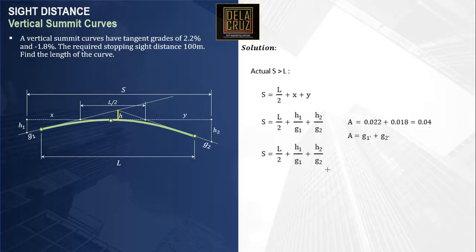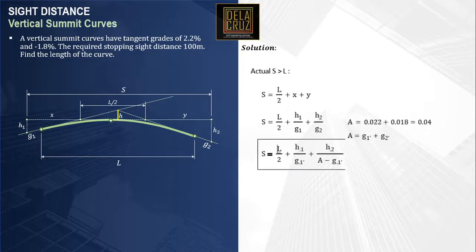So that would be G2 equals A minus G1. Transpose G1 there. Let's have it prime. That's not the actual value of the given there.